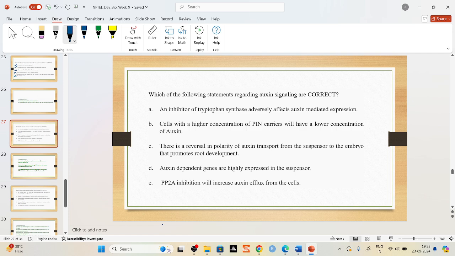So you have to tell which of the following statements regarding auxin signaling is correct. All these statements talk about auxin signaling, so for this you need to have an idea of how auxin signaling works. I'll give you 3 minutes to solve this question. It is 7:33 right now, and we'll discuss this question at 7:36. Try to understand all the options.